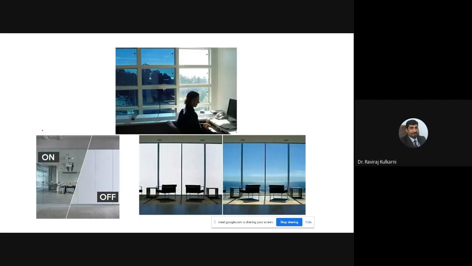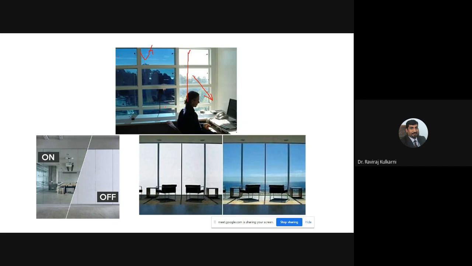So electrochromic windows or switching glasses, this is the bleaching state. Bleaching state means light is entering inside. Here you don't want light, so it is reflected back. So he just wants to control the light, how much light he wants for his work, right?